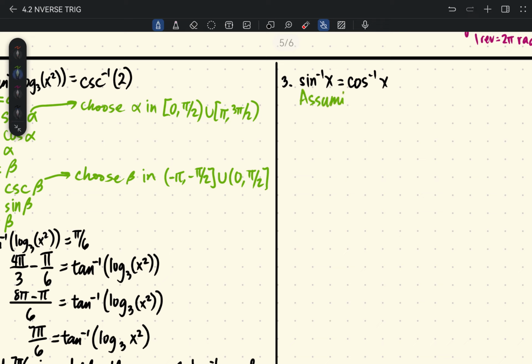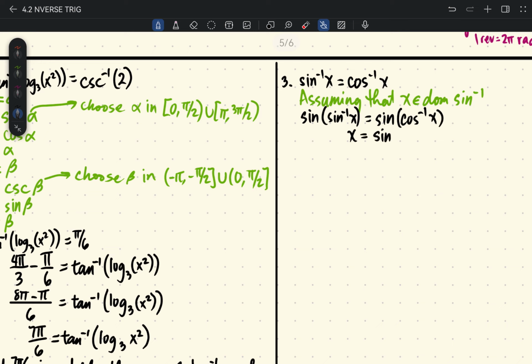Assuming that x is in the domain of sine inverse, we can apply the sine function to both sides, giving us sine of sine inverse of x equals sine of cosine inverse of x. Then here, it will just give us x equals sine of cosine inverse of x.